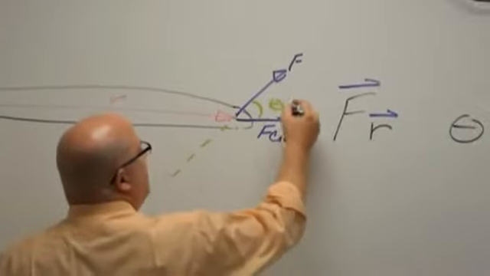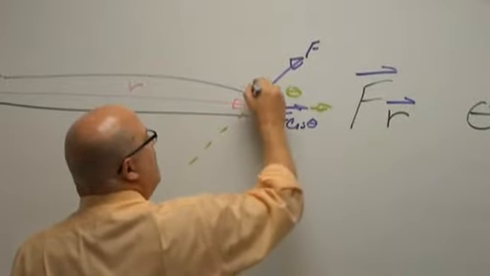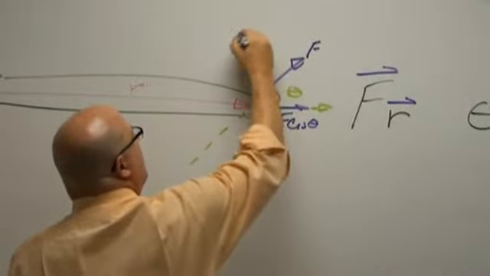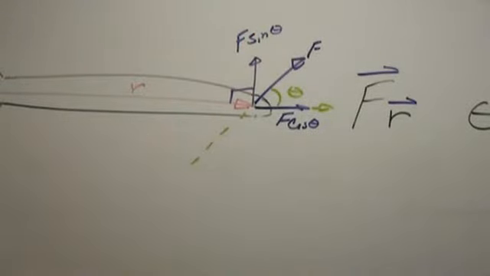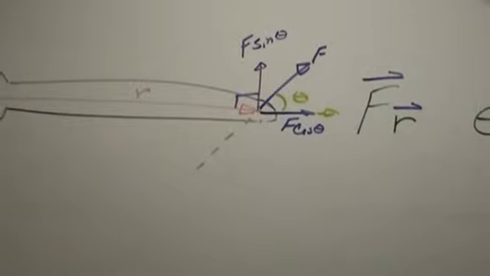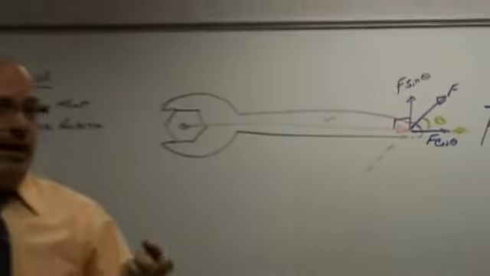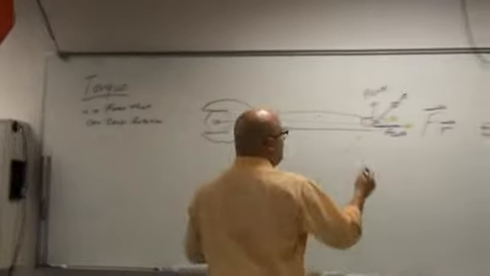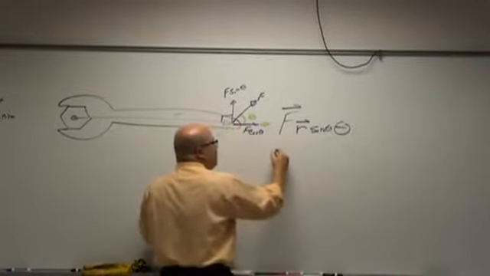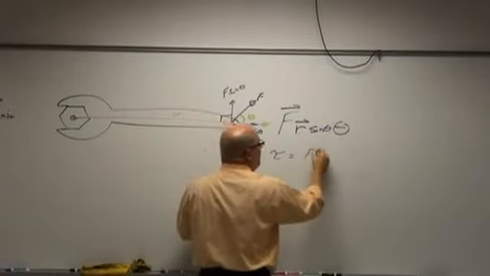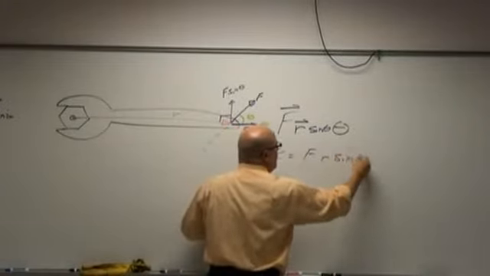The sine component, I'm going to put up here. This is F sine theta. It's perpendicular, and a perpendicular force will cause you to have torque perpendicular to the radius. So we want the sine. So there you go, there's torque. Torque equals F r sine theta.